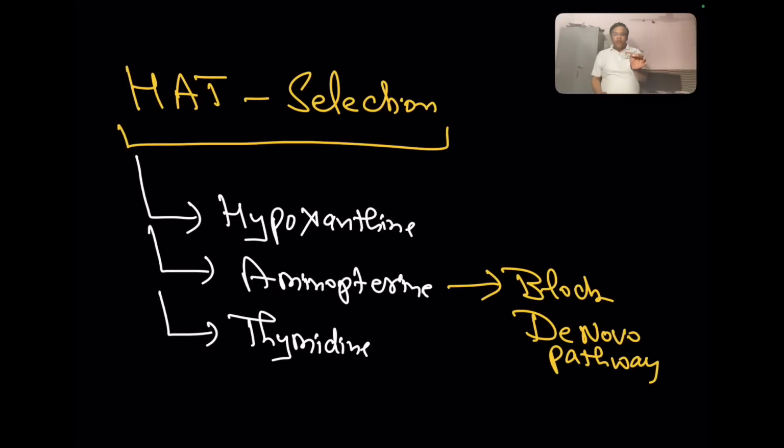Now here you must remember, aminopterin is a drug which blocks the de novo pathway. It blocks the synthesis of nucleotides. It blocks the de novo pathway. We are going to discuss what is the role of hypoxanthine and thymidine.